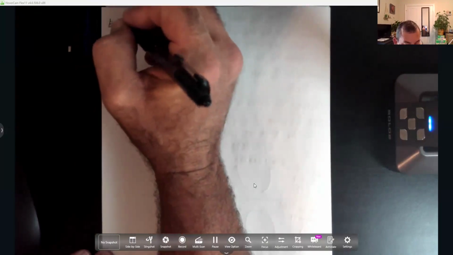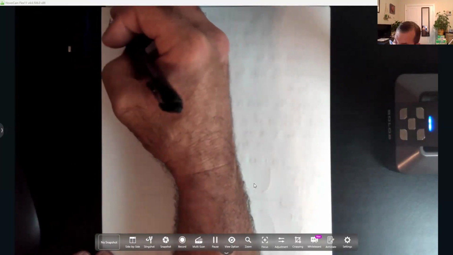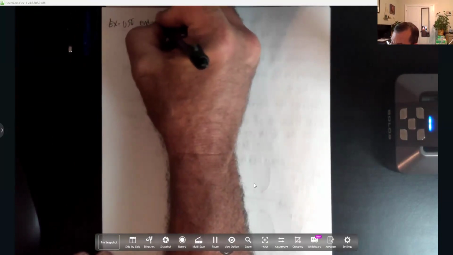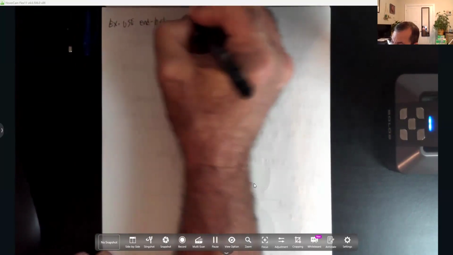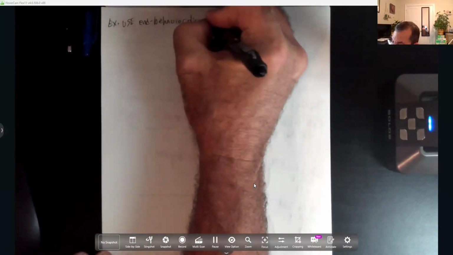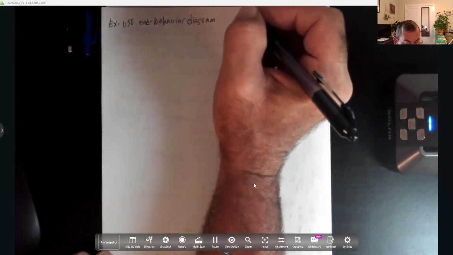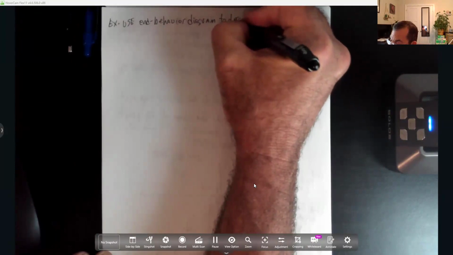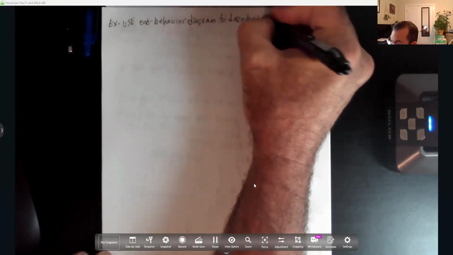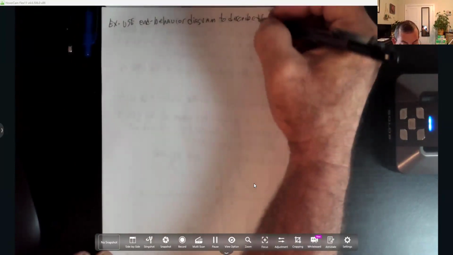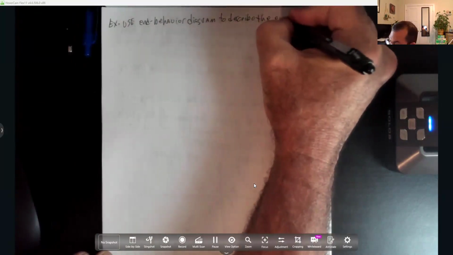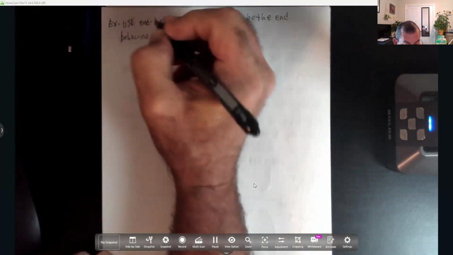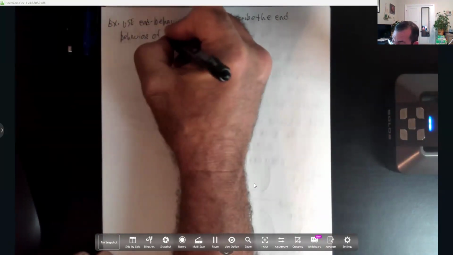Once again, we're going to use the end behavior diagram to describe end behavior of the given function.